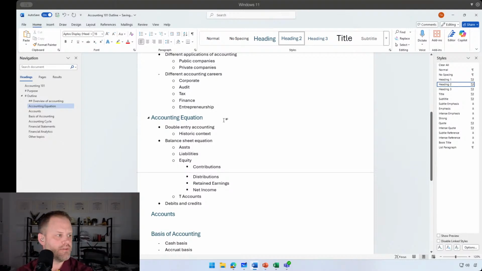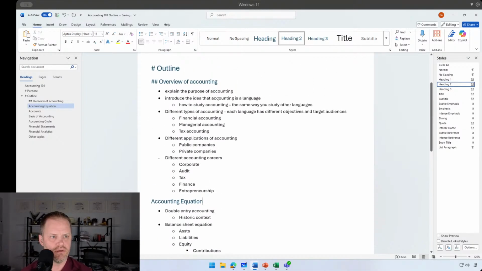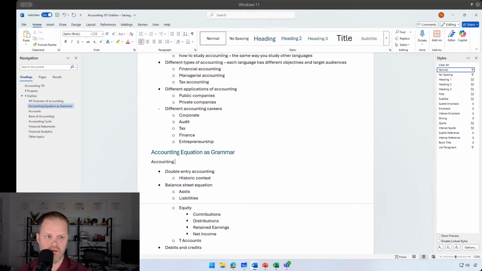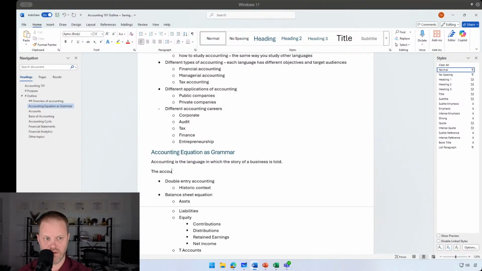Wondering if we don't call it the accounting equation, but we call it the story of a business. So, accounting is the language in which the story of a business is told. The accounting language has a base set of grammar.